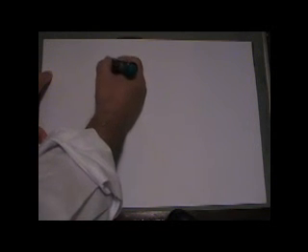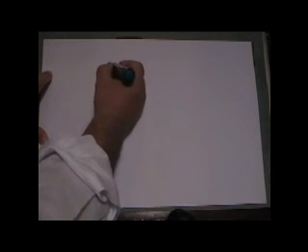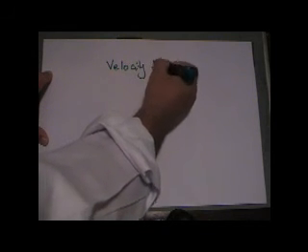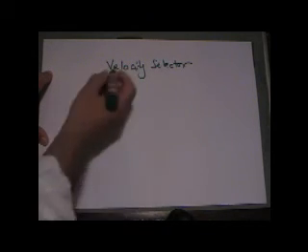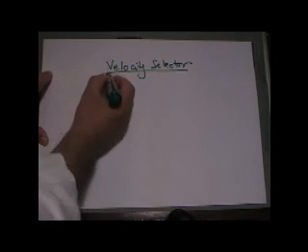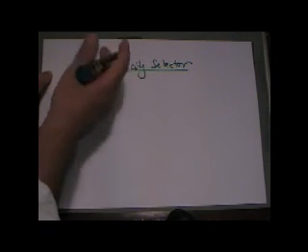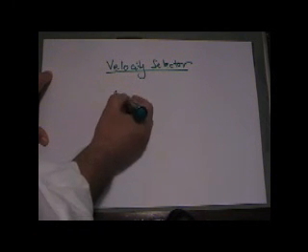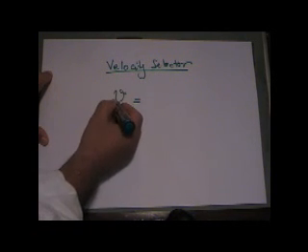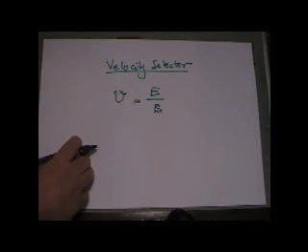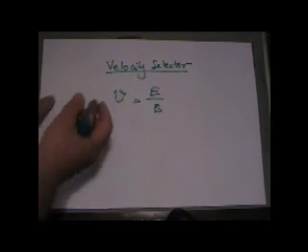After that, we went into some applications, and the most important one of them is the velocity selector. The velocity selector is a device or an approach by which we produce a particle that moves with the speed V equal to E over B. And where did we get that from?